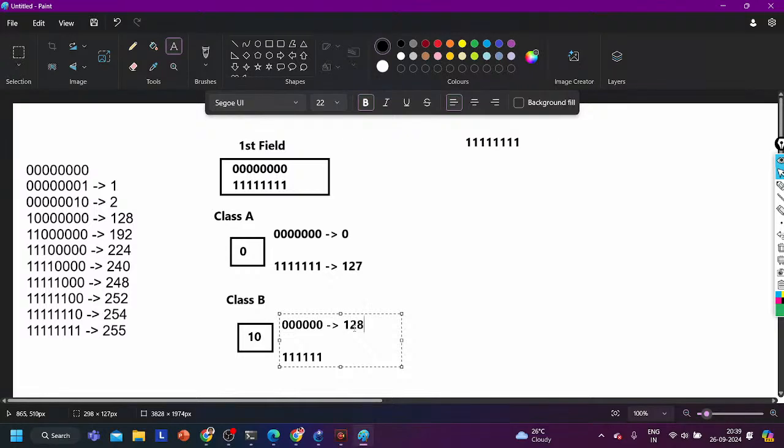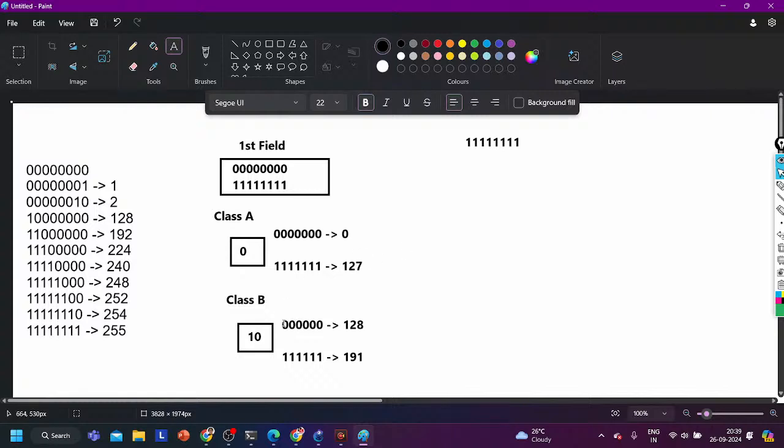And here again, if you convert this into decimal, this one is 2 to the power 7 means 128 plus 0 plus 2 to the power 5, 32, plus 16 plus 8 plus 4 plus 2 plus 1. So what value will you get here? 191. So like this I got the range for class B.